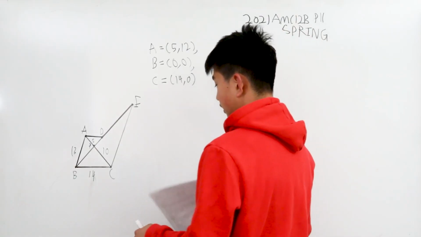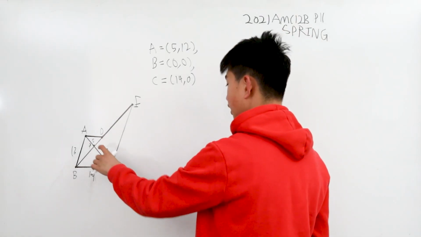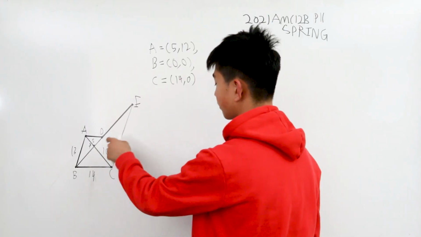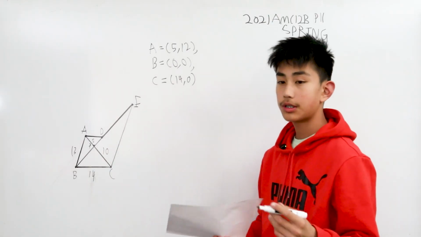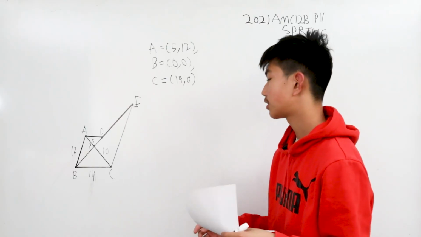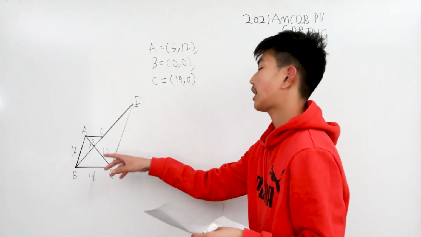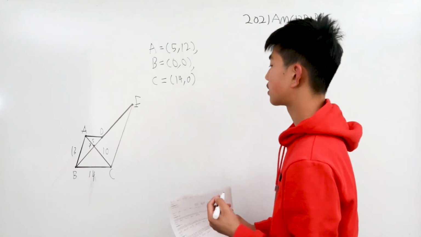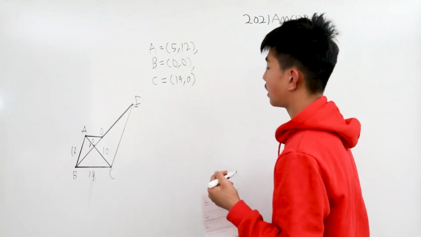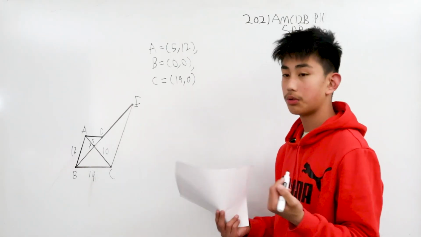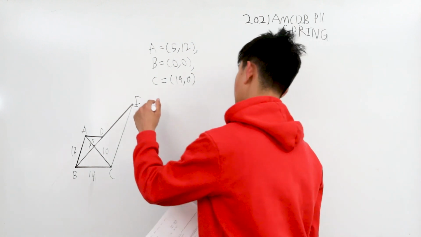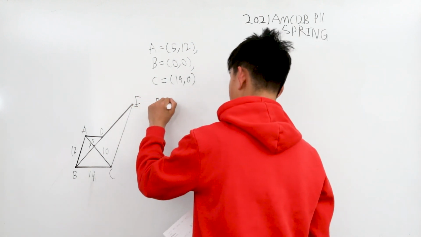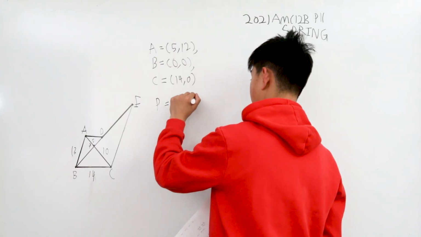It's sitting 10 away from C and 5 away from A, so it's 2/3 the distance of the total distance AC. So if we go 2/3 of the distance to A, the Y is going to be 2/3 of it, right? What is 2/3 of 12? 8.